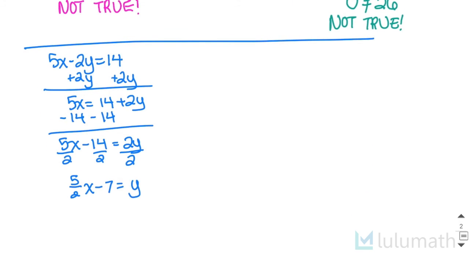Well, that's one of my equations, and we earlier realized that the other equation, the purple equation, is y equals 5 over 2x plus 6, which means that they have the same slopes.